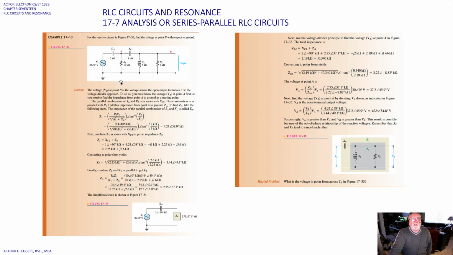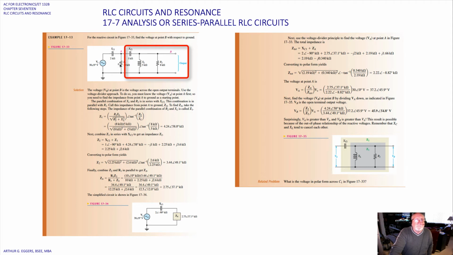The parallel combination of X sub L and R2 is in series with X sub C. You can see that right here as you start combining and decomposing the circuit. Once you collapse those two, it becomes in series with X sub C. This combination is in parallel with R1.